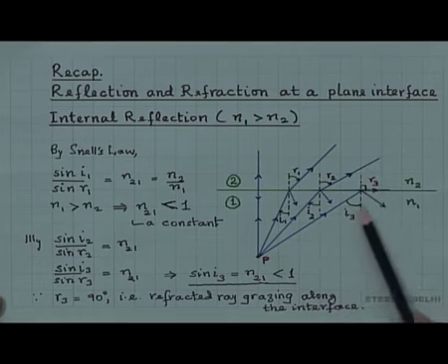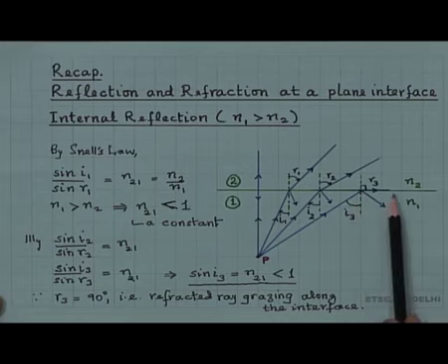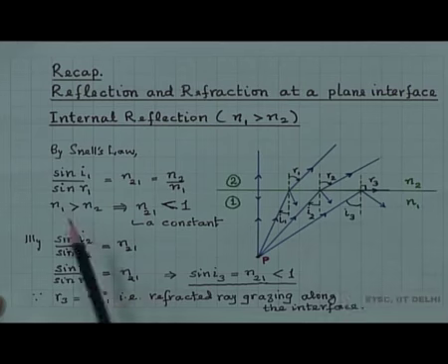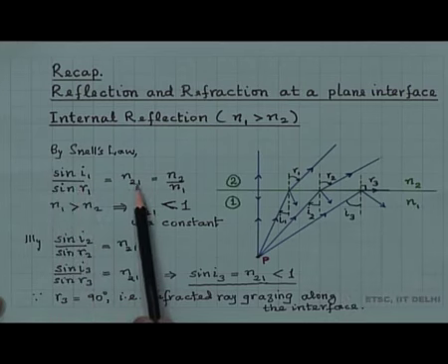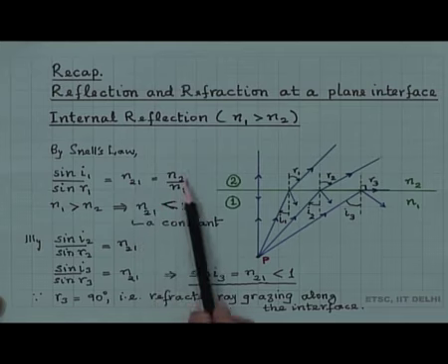For the particular ray with an angle of incidence I3, the ray would graze along the interface, because Snell's law says sin I1 by sin R1 equals a constant, and similarly sin I2 by sin R2 equals a constant. N21 is N2 by N1, the relative refractive index.